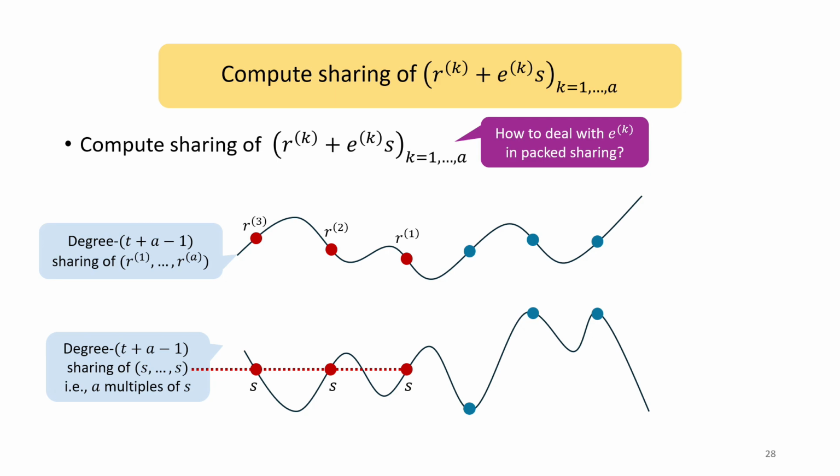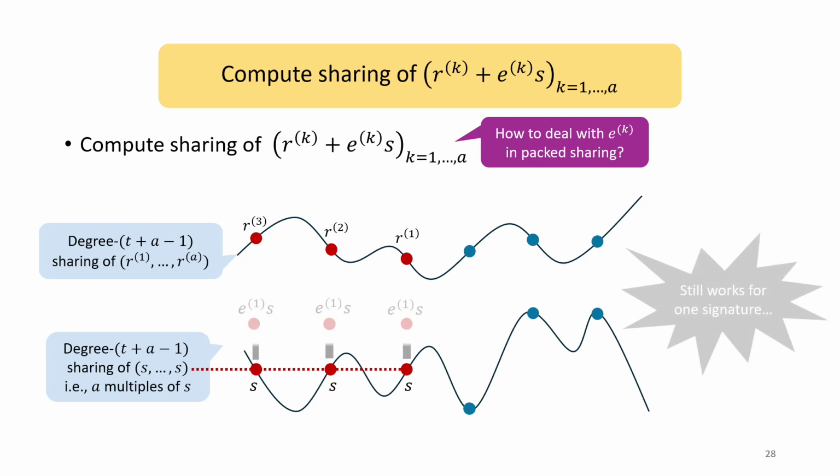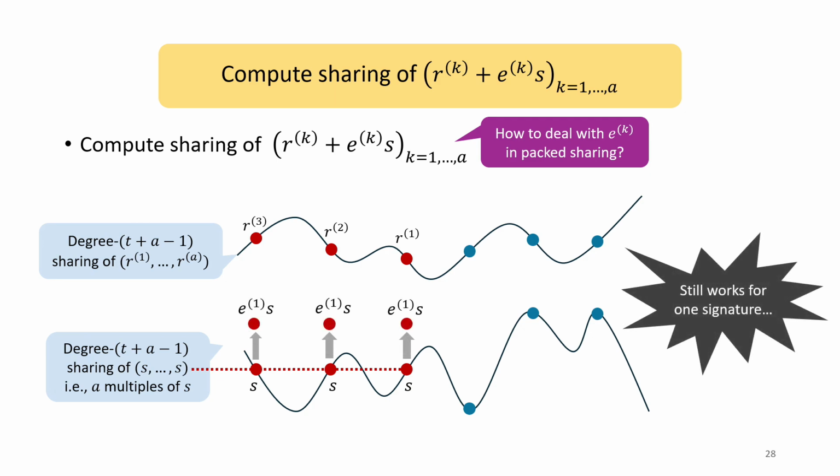So usually, because e_k is public, everybody can multiply this public value with the shares. But let's see what happens if we multiply with e_1. So if the party multiplies e_1 with the local share, then the resulting polynomial will interpolate the points of multiple e_1 times s.